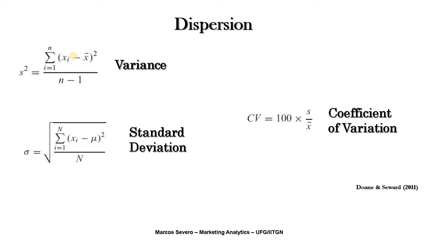Another important measure of dispersion is the coefficient of variation, and it is important because it allows me to compare coefficients of variation of variables that aren't in the same scale. Coefficient of variation usually is calculated using 100 times the standard deviation of the variable divided by its mean.